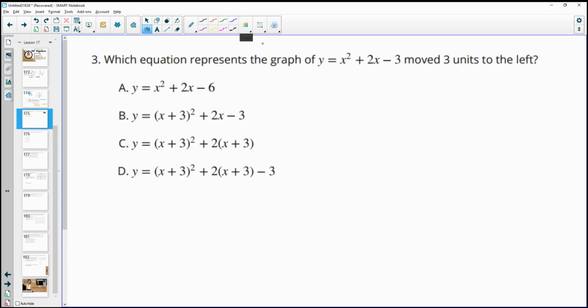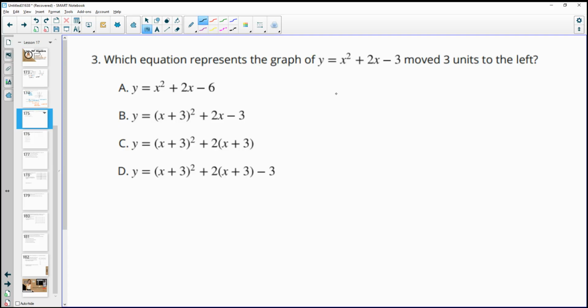Number 3, which equation represents the graph of x squared plus 2x minus 3 if we move it 3 units to the left? In this one, you can take a look at these different options.